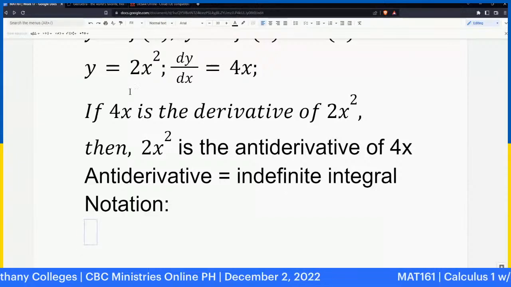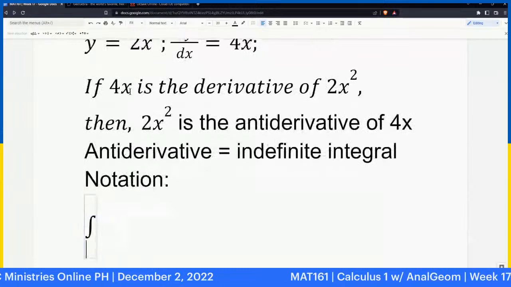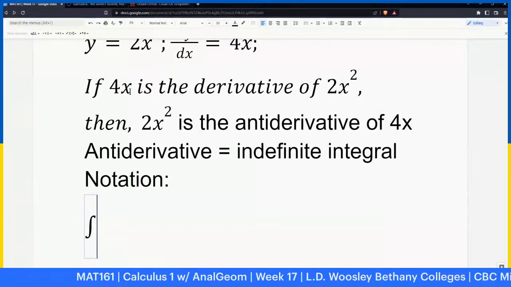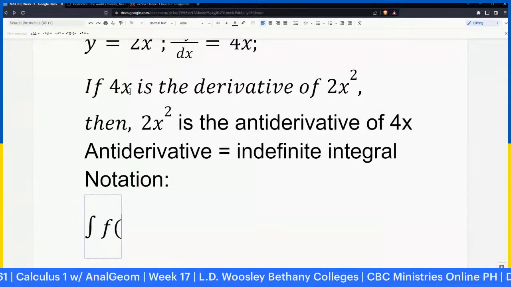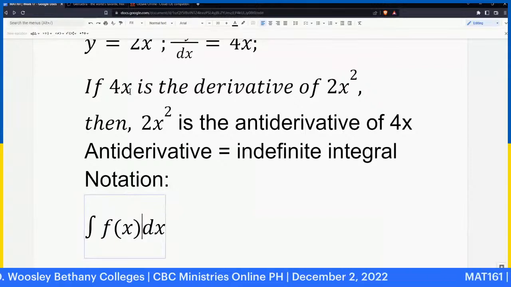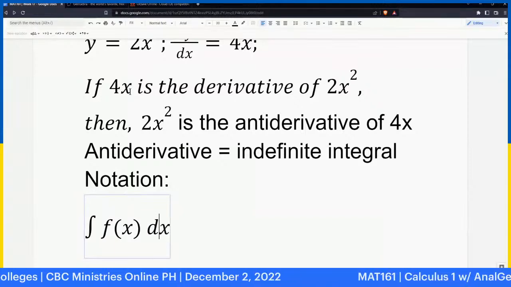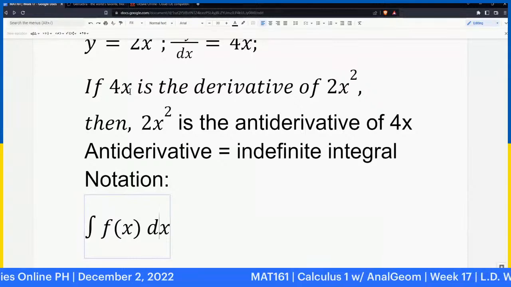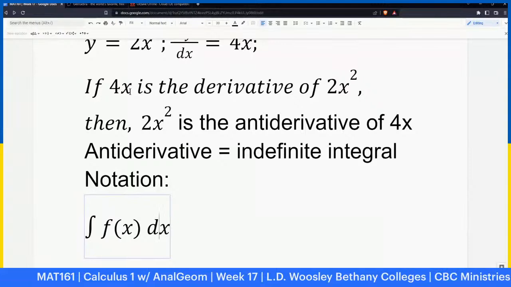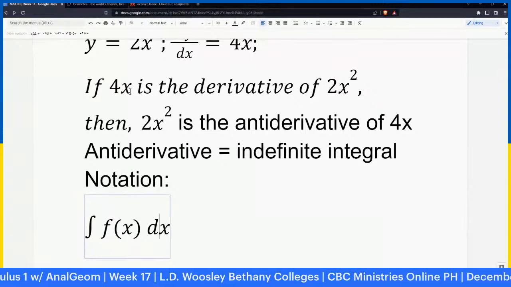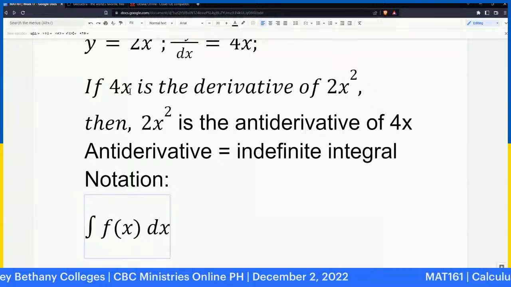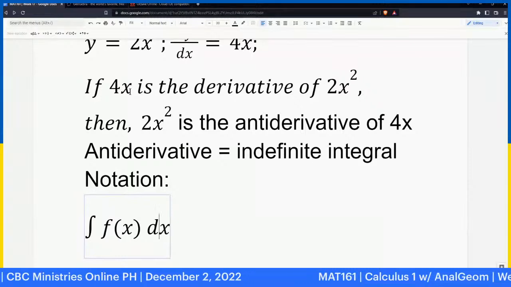It's like an elongated S. Now, though it doesn't have limits yet, so that's an indefinite integral. No? So that's the notation. F of x dx, we need to specify the differentiable variable for us to know which is a variable, which is the constant. Okay? Because if we have an x as a differentiable variable, you'll just integrate the variable x. The others would remain constant. So that's how we look at that.